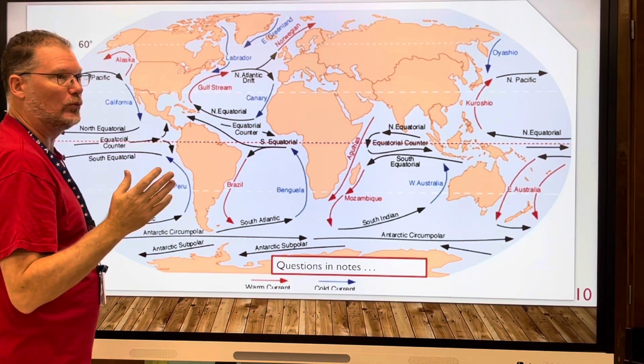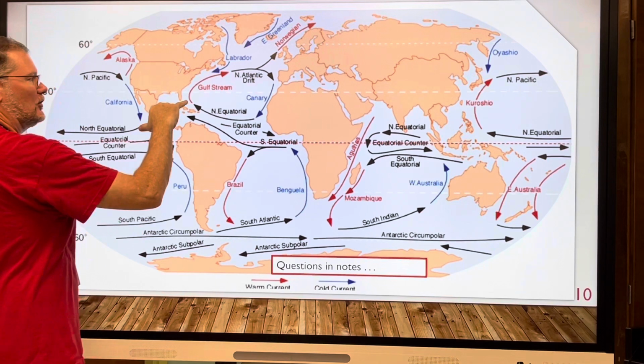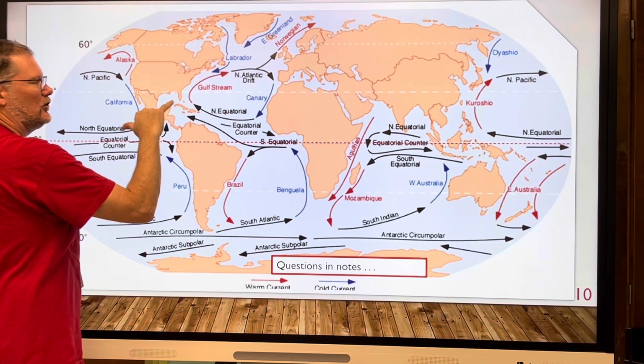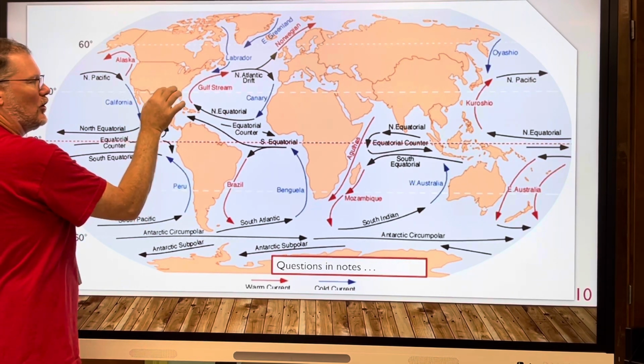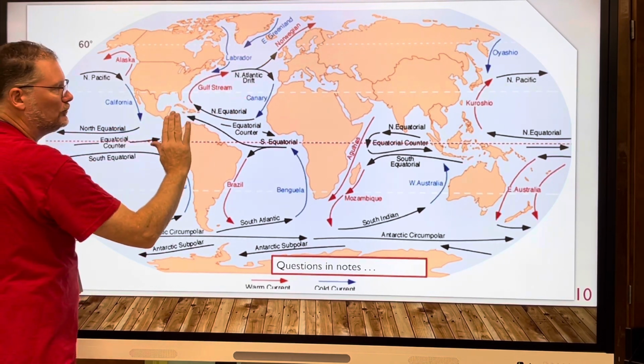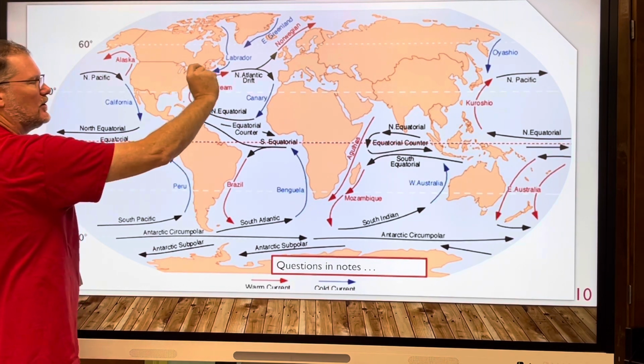So what major current are we affected by? The Gulf Stream. Now, that little arrow really should partially also come through the Florida Straits between Cuba and Florida, because the Gulf of Mexico heats up and moves in this direction. It's going to move upward along the coast, warming this coast.